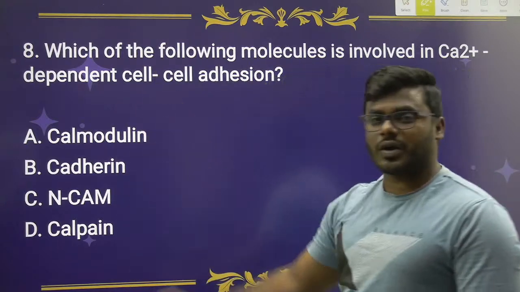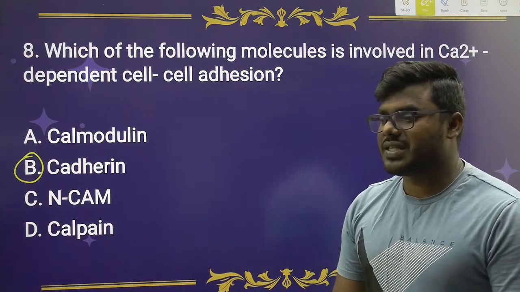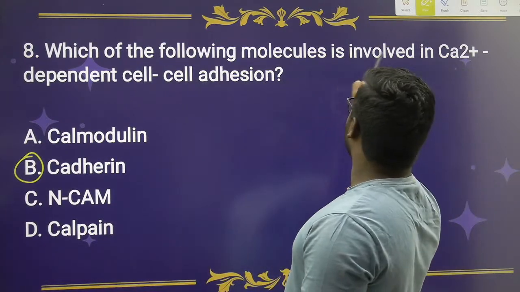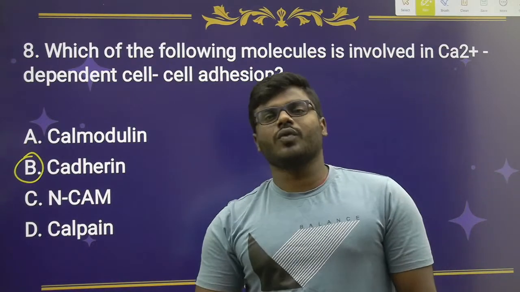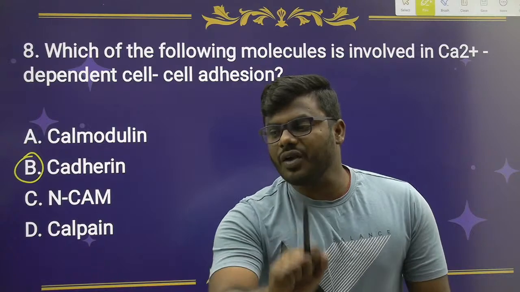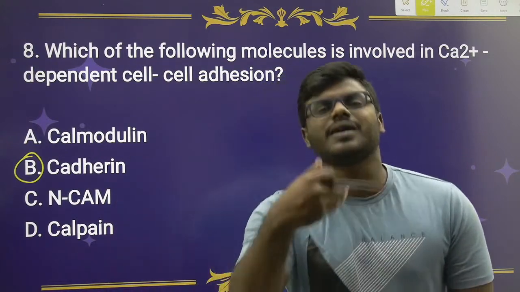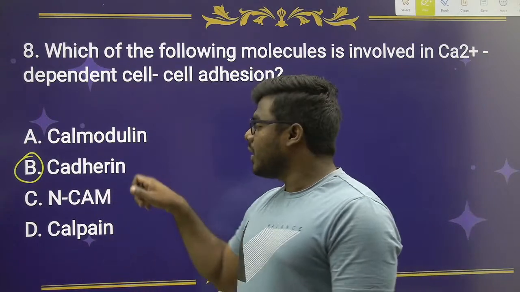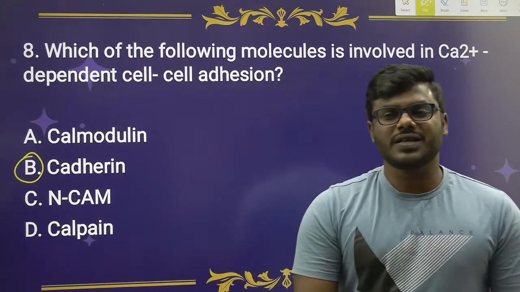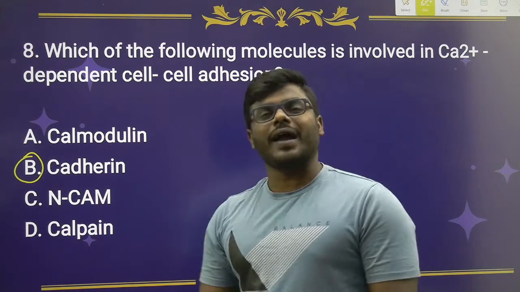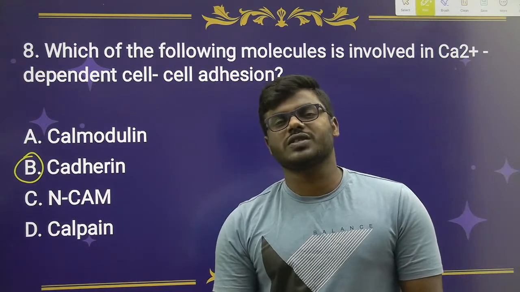The answer for question number 8 is B. The question says, which of the following molecules is involved in calcium dependent cell adhesion? Everyone quickly answer my question. Apart from cadherin, what is the other molecule that is also dependent on calcium?